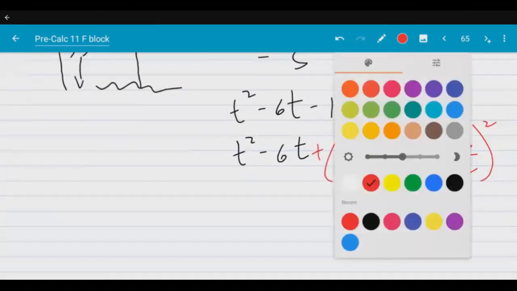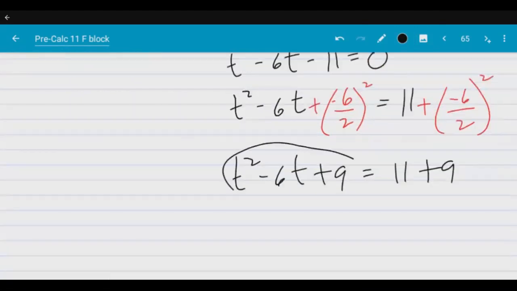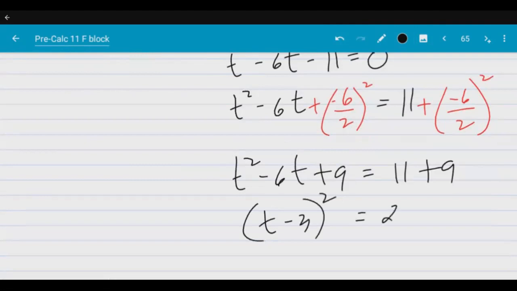And then let's simplify. t squared minus 6t plus 9 is equal to 11 plus 9. Now guys, take note. Here, it will be t minus 3 squared. That would be the binomial for it, not t plus 3. All right, this is equal to 20.